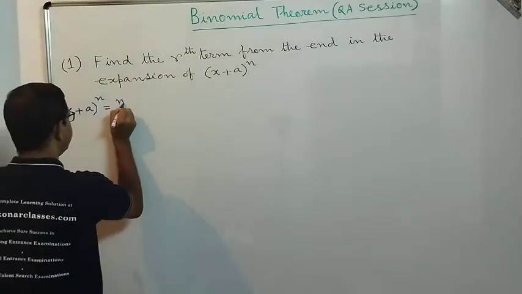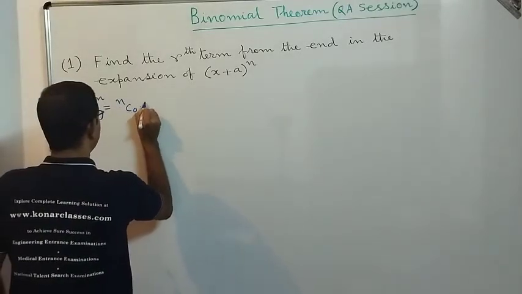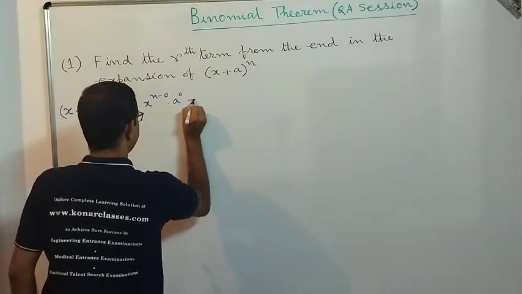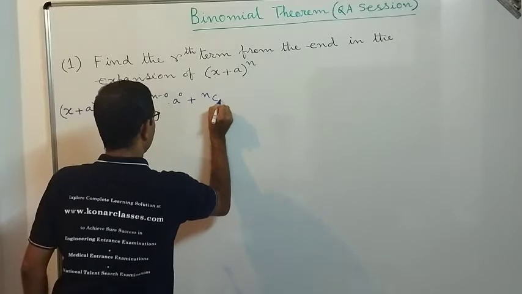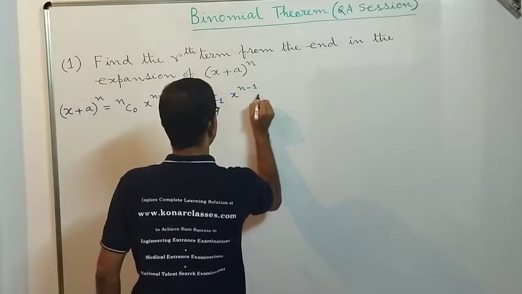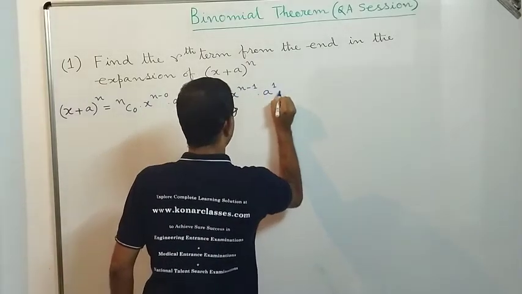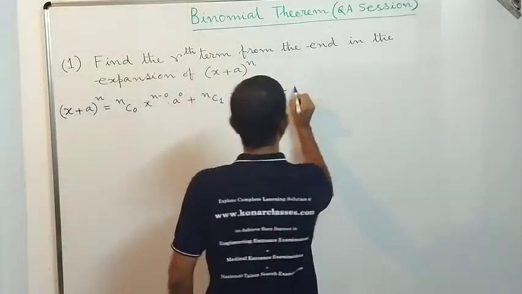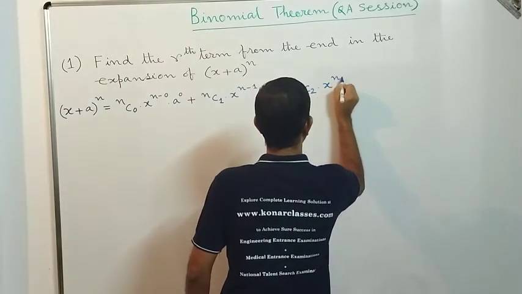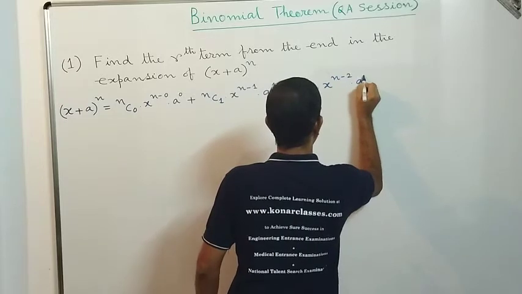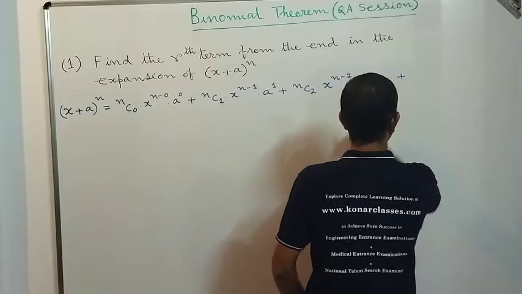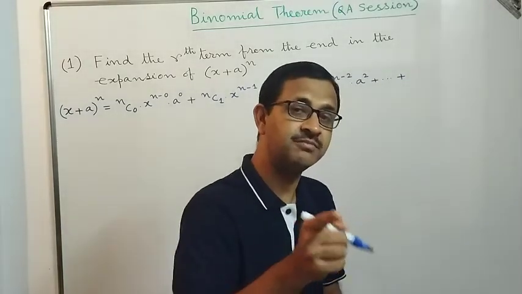So the first term will be nC0 into x to the power n minus 0 into a to the power 0, plus nC1 into x to the power n minus 1 into a to the power 1, plus nC2 into x to the power n minus 2 into a to the power 2, and it will continue like this, and we will get the r plus 1th term from the beginning.